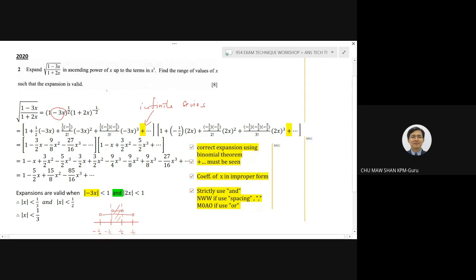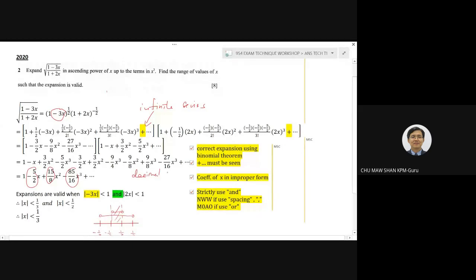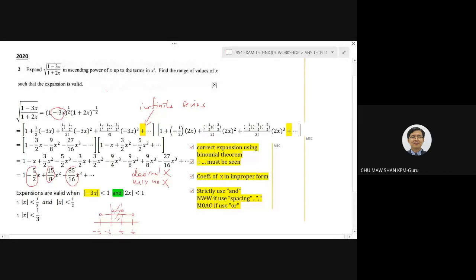Okay? And then, finally, your coefficient of each of the terms must be improper fraction. Tak mau decimal number. Tak mau mixed number. All improper form.